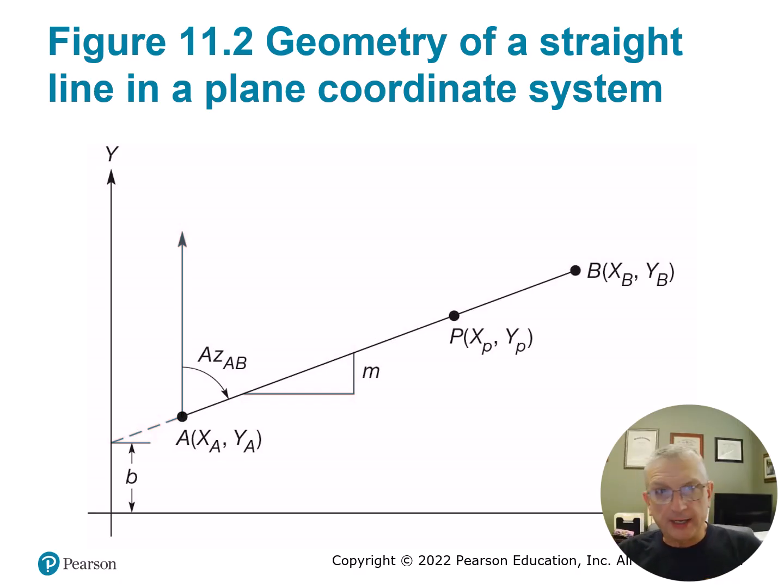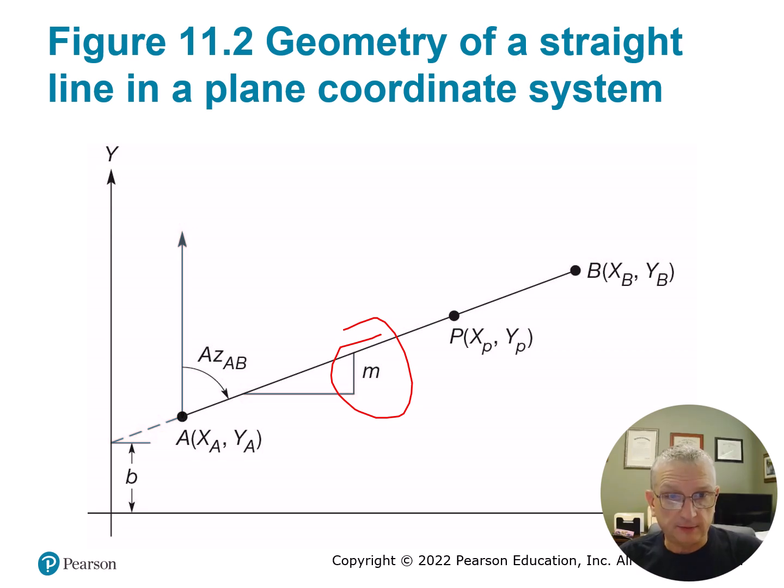This is all coming back to college algebra and trigonometry. M here is the slope of the line through points A and B. And they've added in an additional point P. But basically what we're trying to do is define this line.